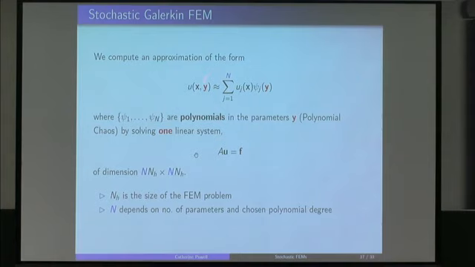The only difference here is that we are representing, or approximating, the solution through an expression that depends on our parameters. These will be chosen to be polynomials in our parameters. This is the kind of approximation scheme that we use. These functions which depend on x will still be finite element functions, so we'll still be able to use our finite element code to generate an approximation of this form.